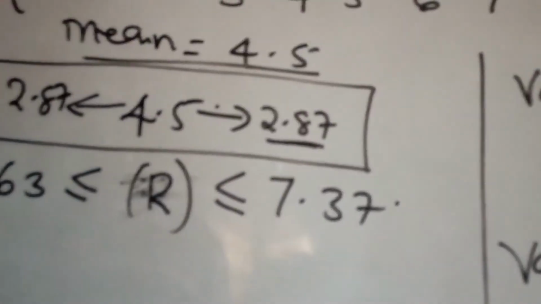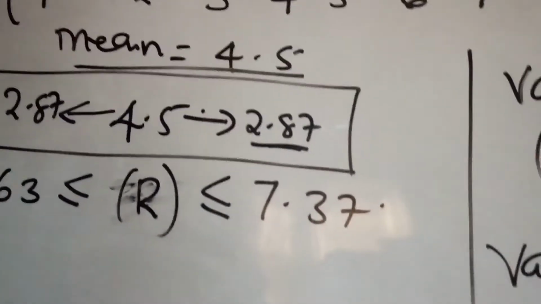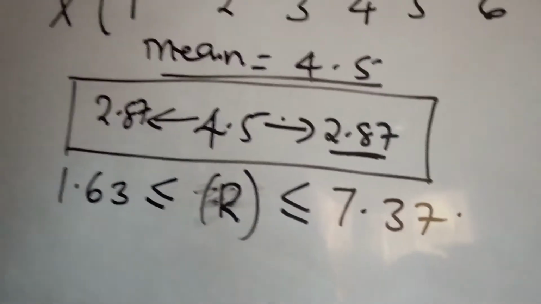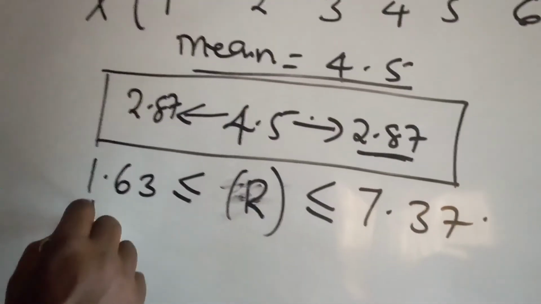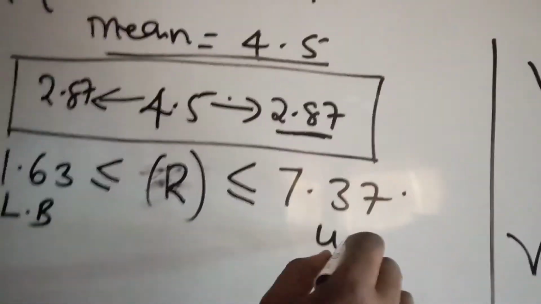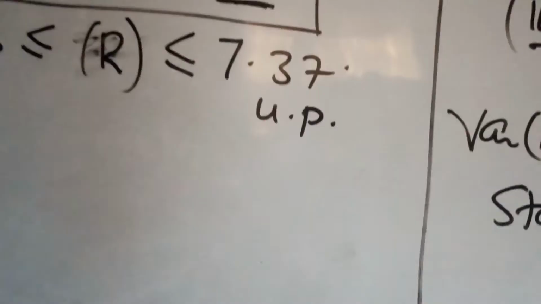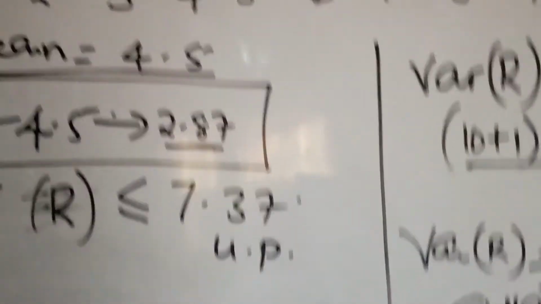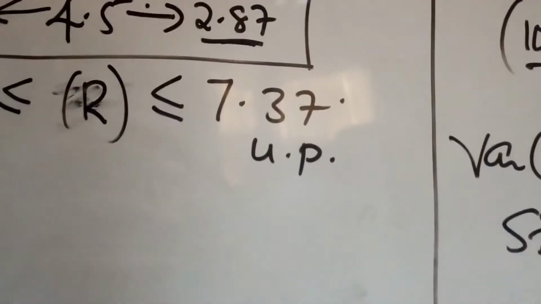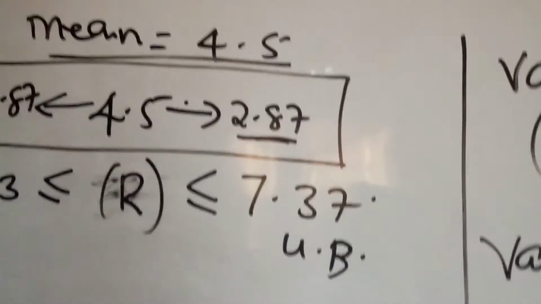Fine. If that is true, then this question is easier to deal with, because we need to get the probability of any number that lies between the lower boundary and the upper boundary. We are dealing with discrete data, and 1.63, as much as it is a boundary, is not discrete, it is continuous. Even the upper boundary is continuous.